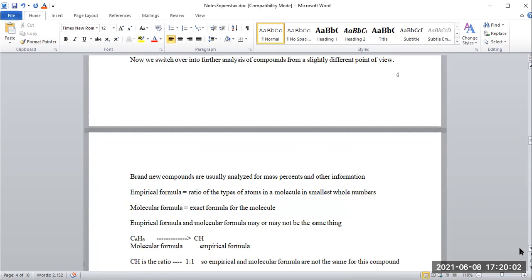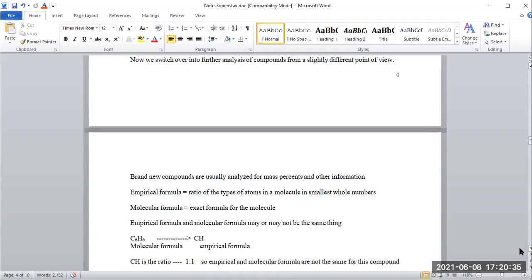Empirical formula is the ratio of the types of the atoms in a molecule in smallest whole numbers. If I have 5/10 of something based upon math, I can reduce that fraction down to 1/2, 1/2 being the lowest terms. That's kind of what the empirical formula is doing for you.